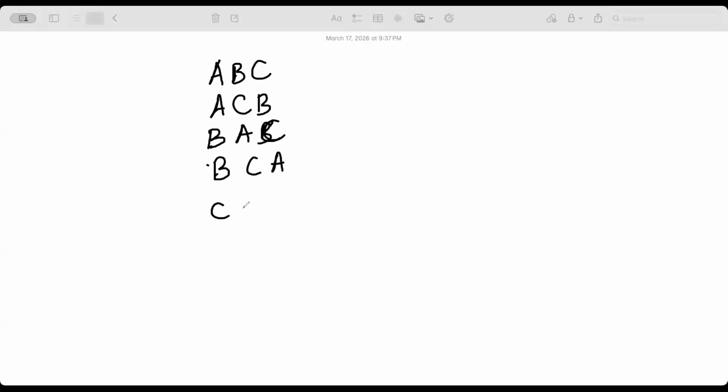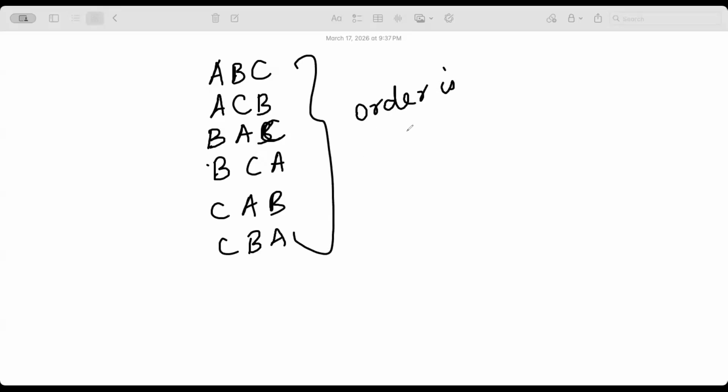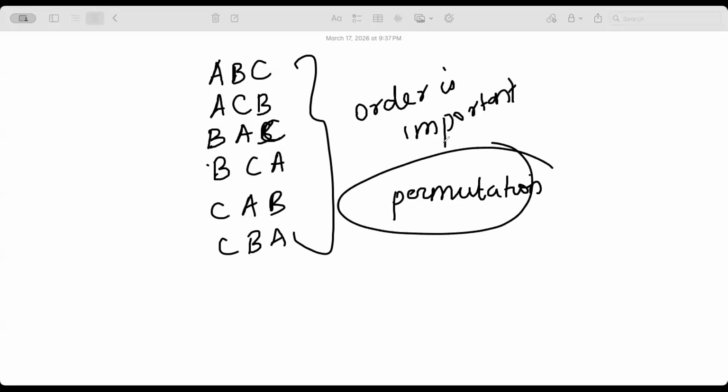And then C can be first followed by AB, or C can be first followed by BA. So here, do you see, for posing for a photo, order is very important. Then you go with permutation. There is a concept called permutation in probability where the order becomes very important. Make sense?